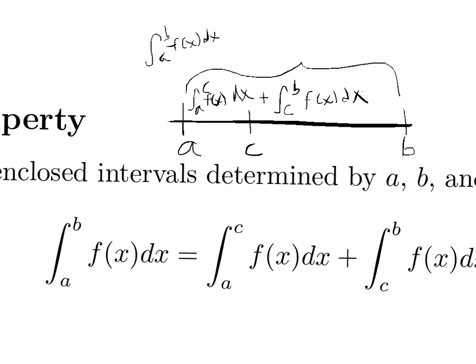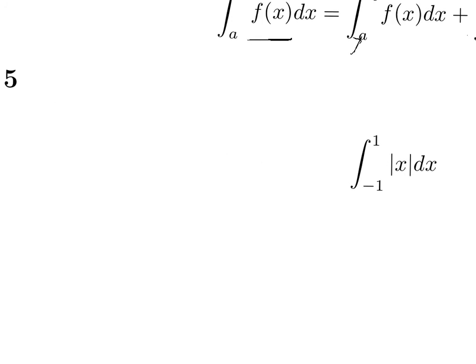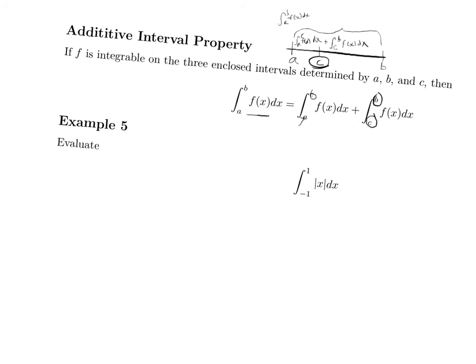Does that make sense? So the key is that c is between a and b. Okay, so here we go. Integral from a to b, f of x dx is equal to integral a to c plus integral c to b. Okay, this is really important when it comes to absolute value.